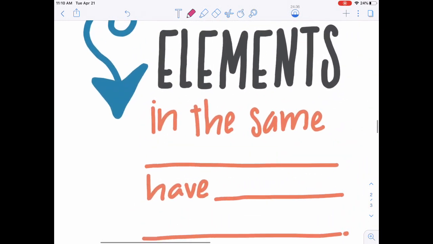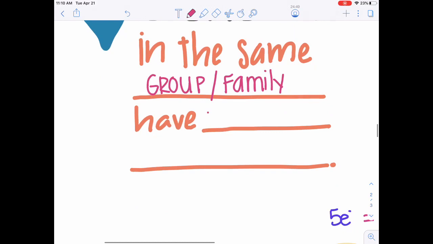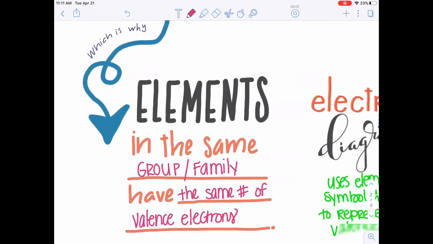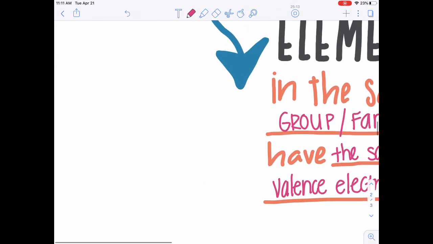And this is kind of from last week. Elements in the same group or family, which is, of course, a vertical column, have the same number of valence electrons. And this is the reason why they have the same properties.